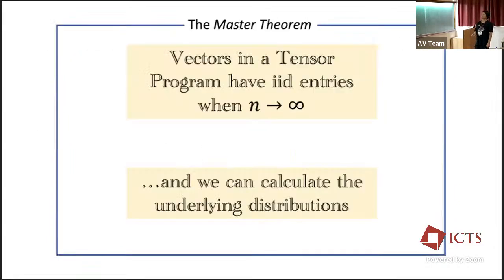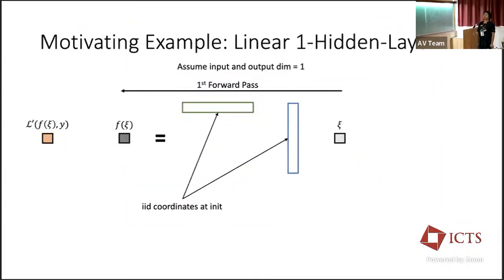Okay, so to again give you an example of the truth of the statement, let's look at the linear one-hidden layer case. Again, assume input and output dimensions are both 1. So then again the entries of these vectors are IID initialized as is practice. Oh, sorry.